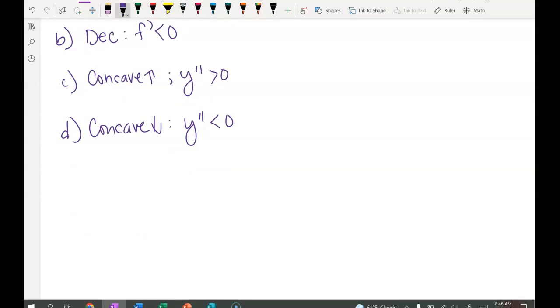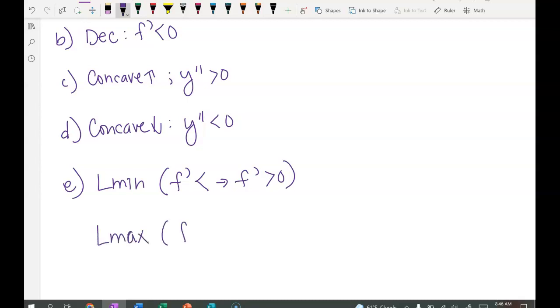is going to be second derivative less than 0. And it wants us to find the extreme values, so that's going to be letter E. We want to find the local min. Now remember, the local min is when the first derivative goes from negative to positive. And the local max is when the first derivative goes from positive to negative.